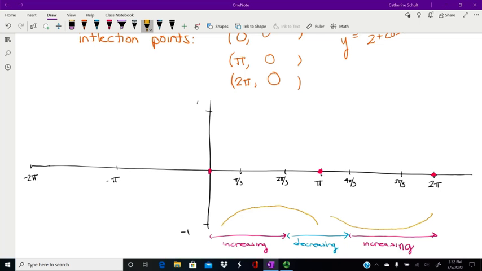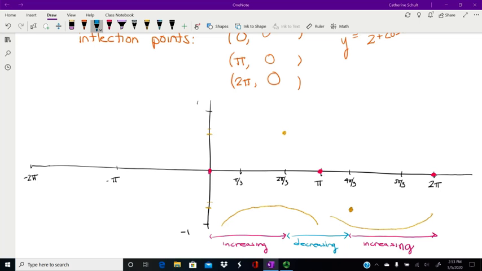And then we also have some mins and maxes, so let's get that going as well. At 2 pi over 3, that would be like 0.6, right here. 2 pi over 3 and 0.6, there's your local max. And then 4 pi over 3 and negative 0.6 is your local minimum, okay? And all of these points here in pink, those are your inflection points, so that's where the curvature is going to change. All right, so let's put all these pieces together, and I'll do it in blue.